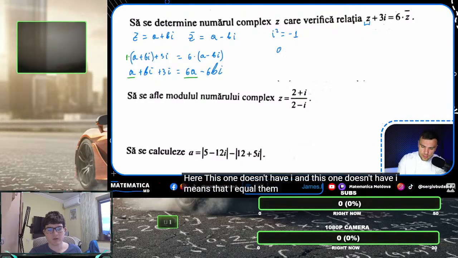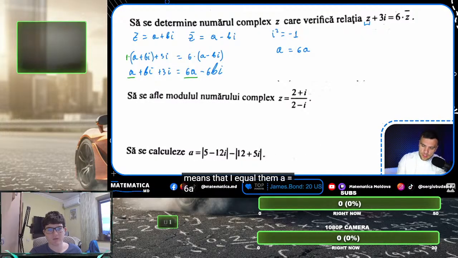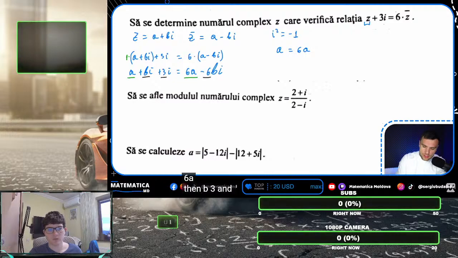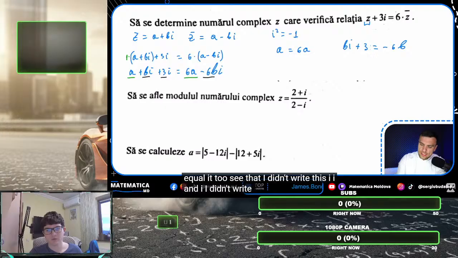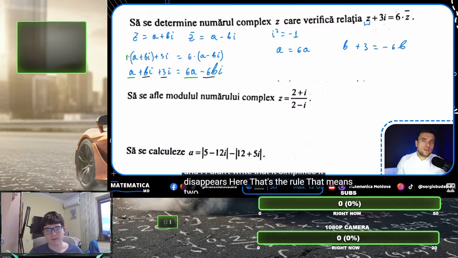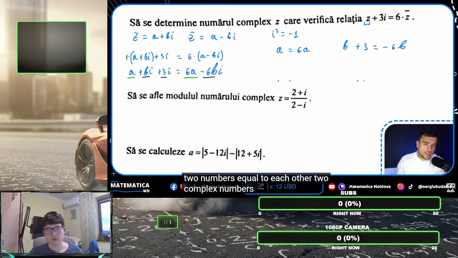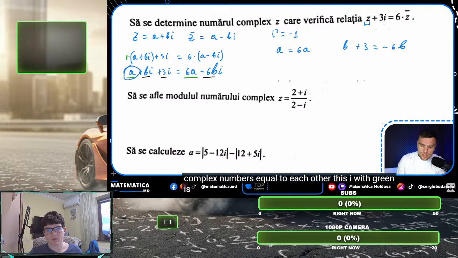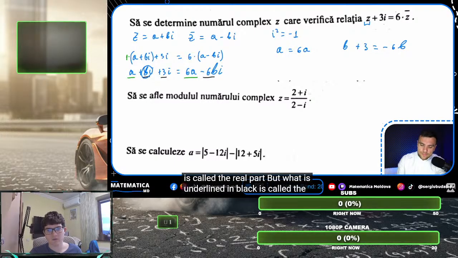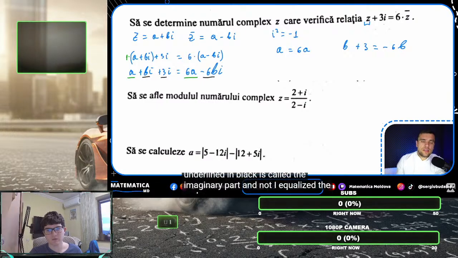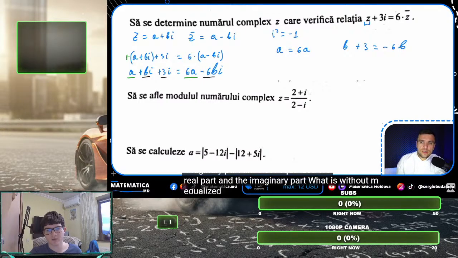So basically underline, work with terms that are without the I, and now with the I. Now you just don't take into account the I, so it's going to be B plus 3 equal with minus 6b. Okay. Now the I is just removable like that, so you take the minus 6b to the left, you'll have minus 7b. Oh, no, 7b is equal with minus 3.